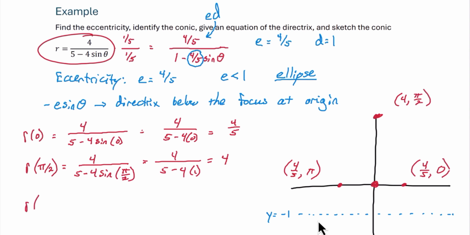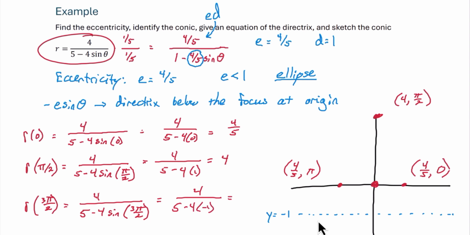And now let's also do 3 pi halves. 4 divided by 5 minus 4 sine of 3 pi halves, which is -1. So that gives us 4/9. So we're down here at 4/9, 3 pi halves. So our conic is going to look something like this.